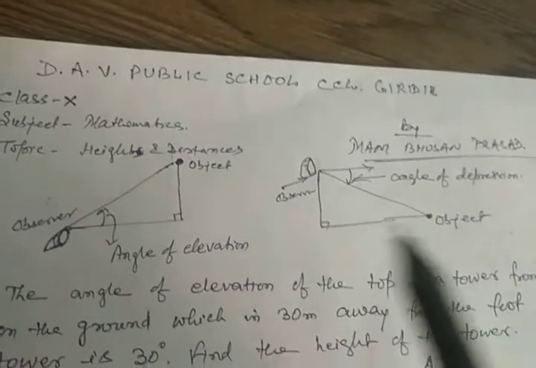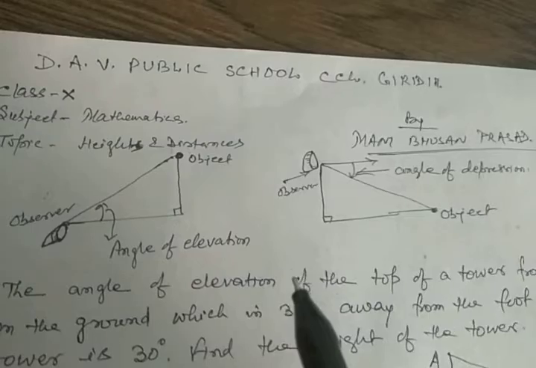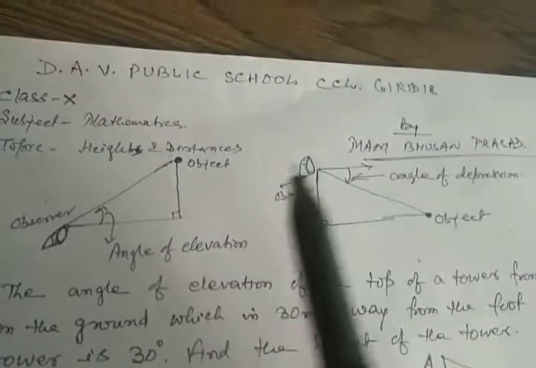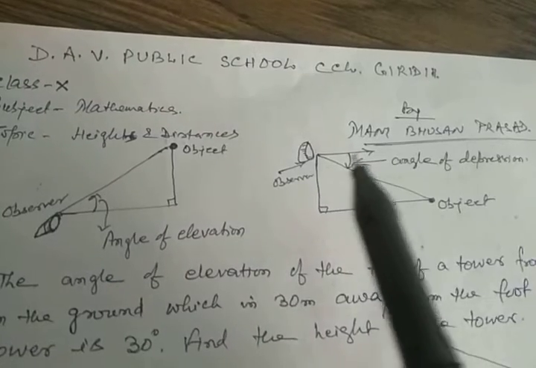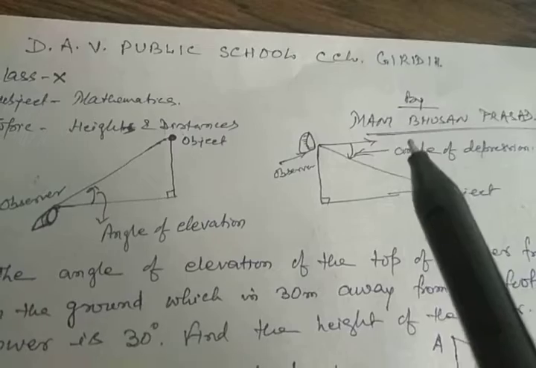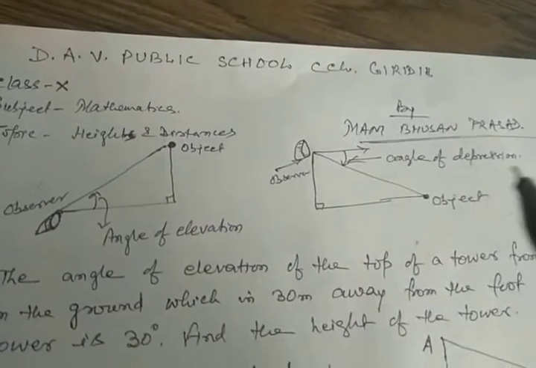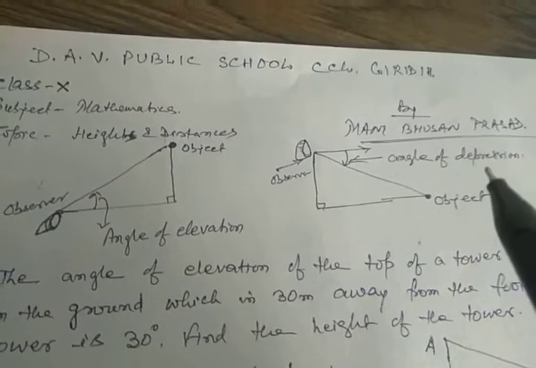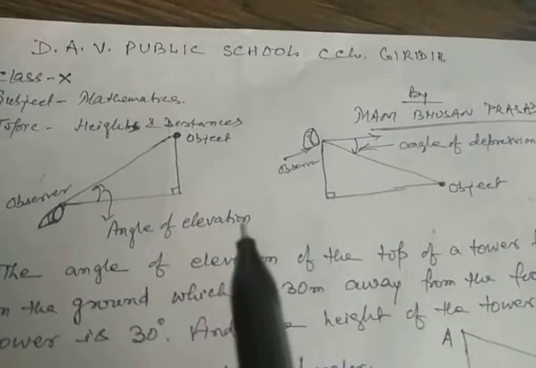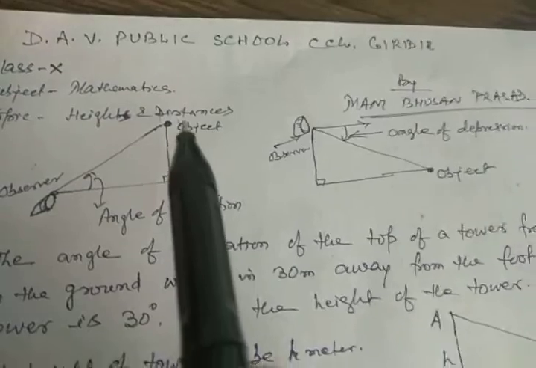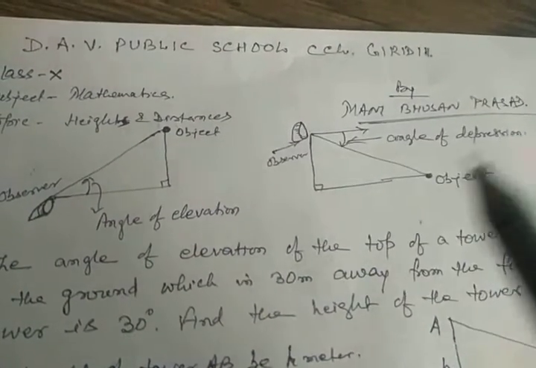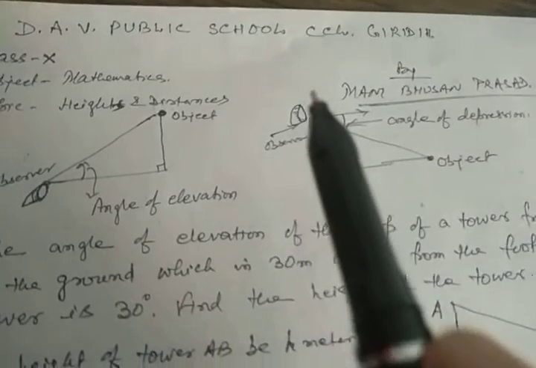And when the object is just below the observer, I mean the observer is at a height, in that case this angle made by this horizontal is known as angle of depression. Is it clear? For angle of elevation, the object should be above the observer, whereas in the case of angle of depression, the observer should be above the object.